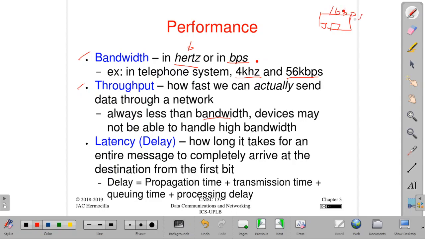And if you have a computer here with only 100 Mbps, even though you say that you have a connection of 1 Gbps, if your device can only process 100 Mbps, you'll only get a maximum of 100 Mbps because the device cannot handle high bandwidth.